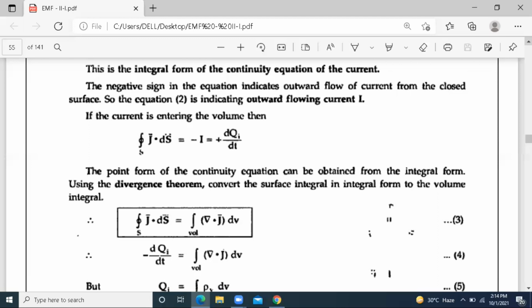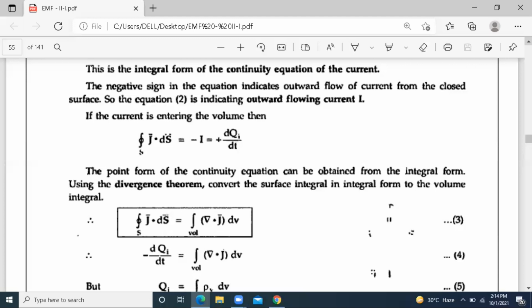I recall it being something from the text. It is the limit with respect to delta V of the surface integral over the volume, as delta V goes towards 0.